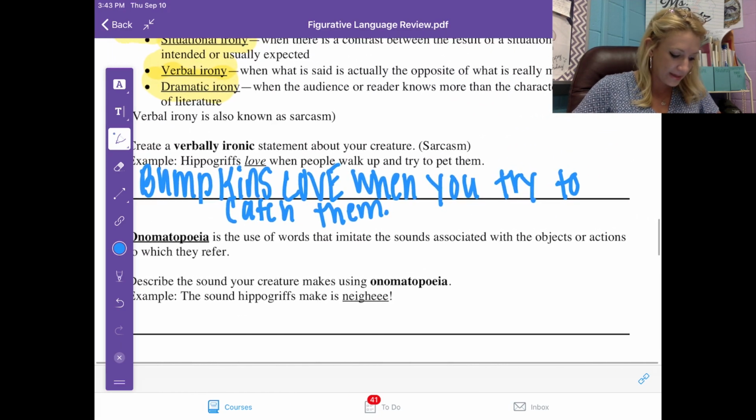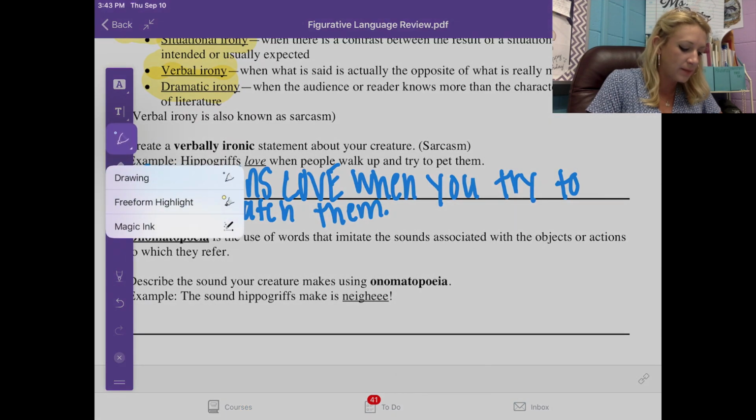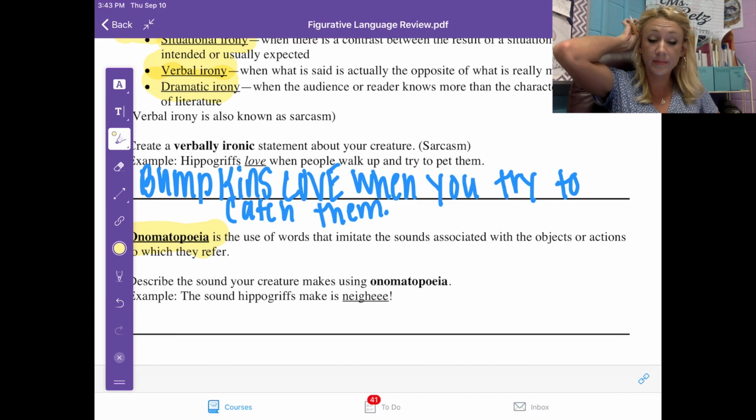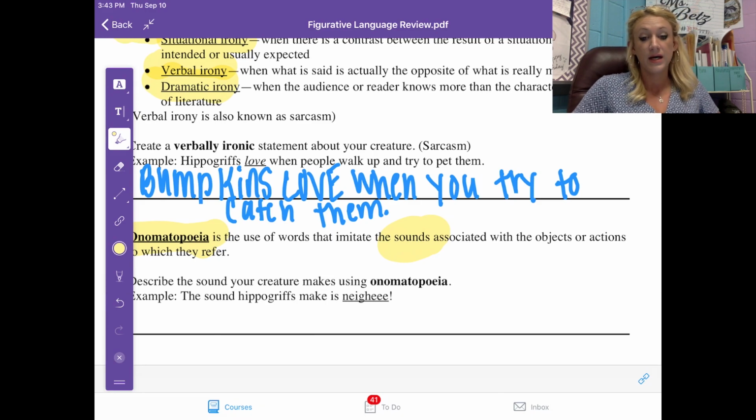Next up, we have what's called an onomatopoeia. This is probably a review. You probably know this piece of figurative language. An onomatopoeia is known as a sound word, like oh, man, woohoo, yee. These are all onomatopoeias, words that represent sounds.